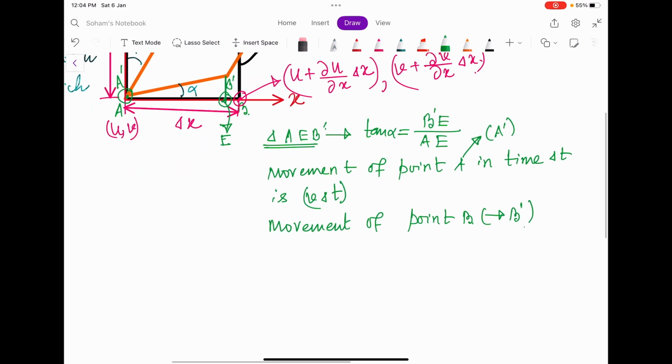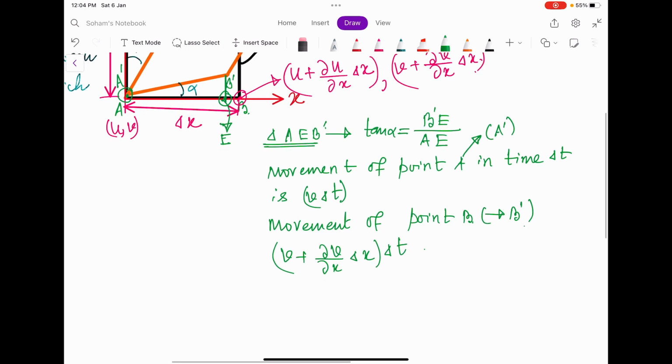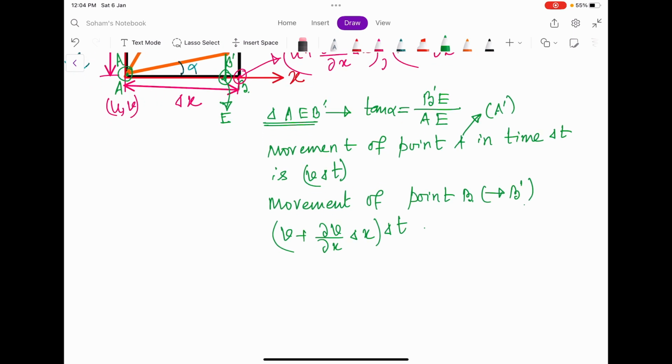Now the movement of point B to B dash will be v plus del v del x into del t, right? Because of the y component of velocity, I should write this as the movement in y direction.